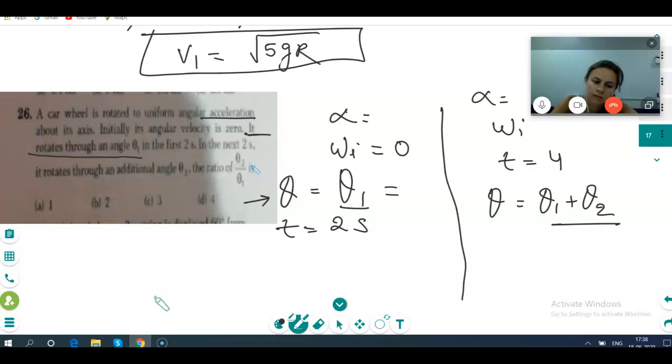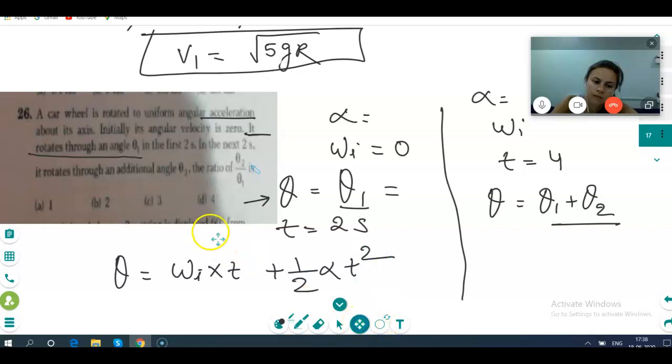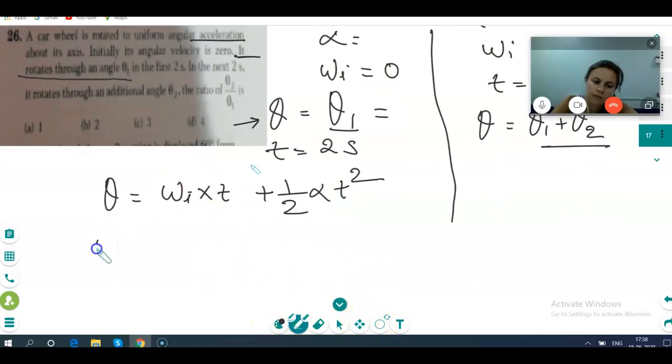Omega initial is 0, so theta is equal to omega i times t plus half alpha t square. So theta 1 is equal to 0 plus half alpha times 2 square, correct?